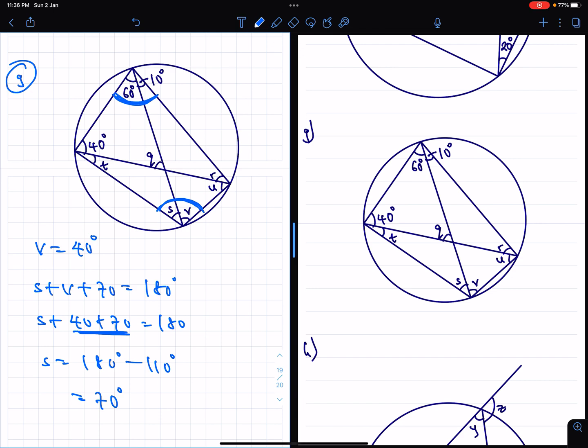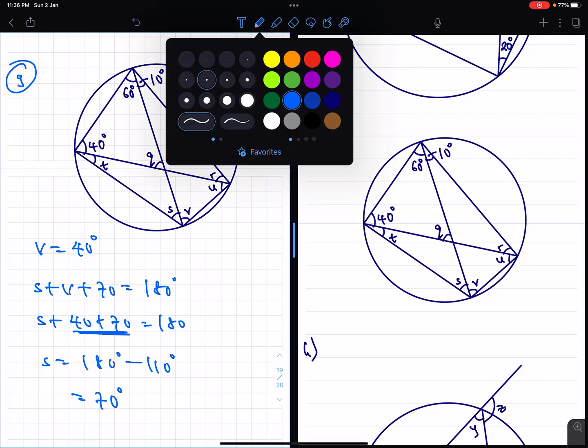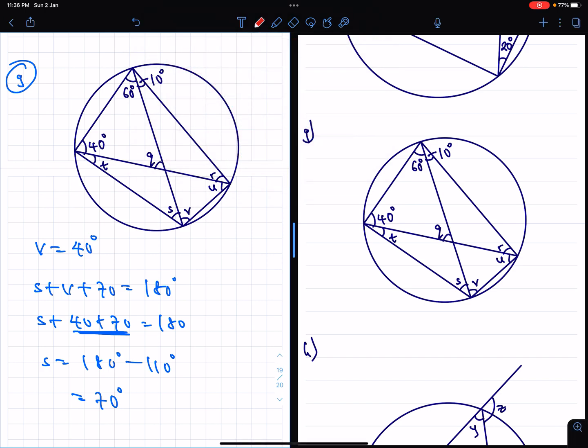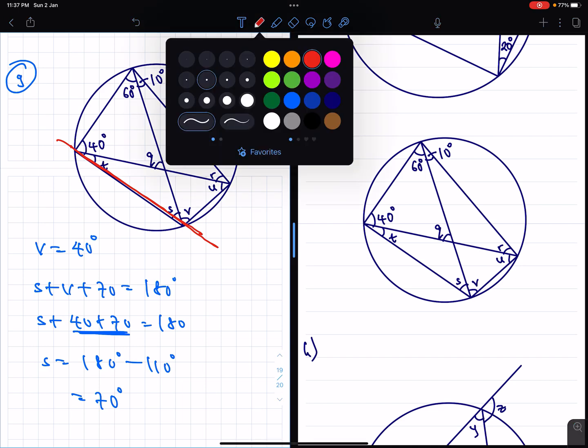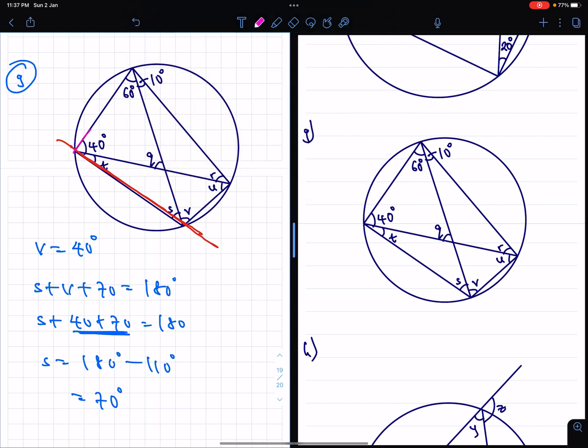What else can we find? I'm sure there are still more same segment angles. Let's find that. Yeah, I can see that U and 60 are in the same segment. Look at this chord. This length and this length form a triangle with the chord.